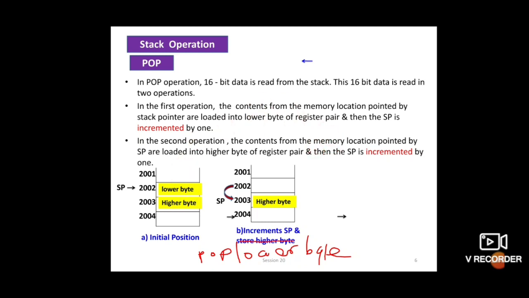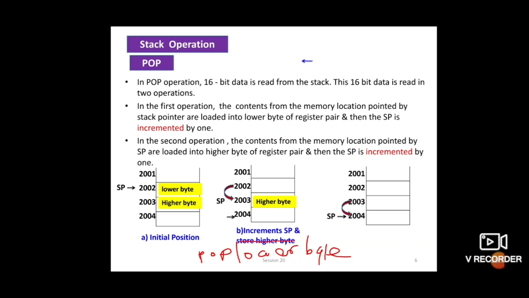Now in the second operation, the contents of the memory location pointed to by the stack pointer are loaded into the higher byte of the register pair. In the second operation the higher byte is popped, means the higher byte data is read from the stack. After the first operation the stack pointer is at 2003; in the second operation, 2003 to 2004.